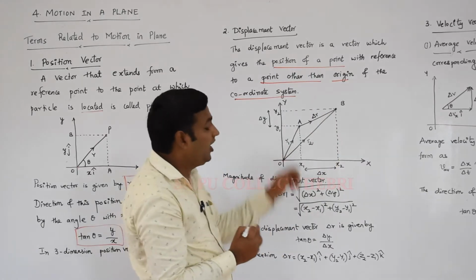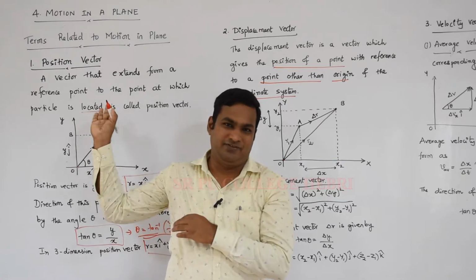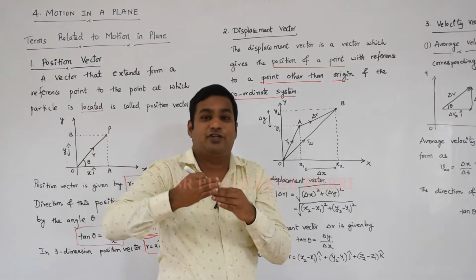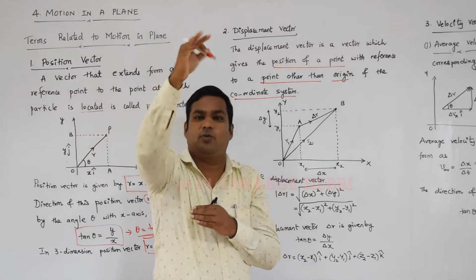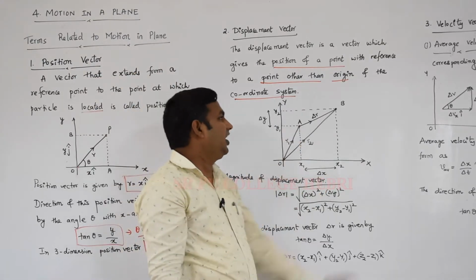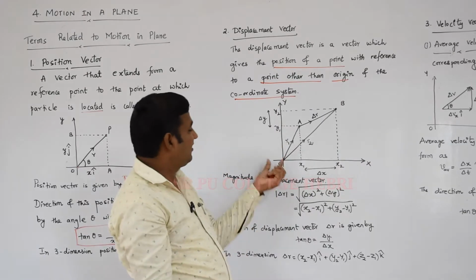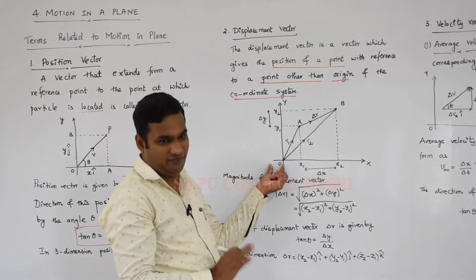Here R1 and R2 are the 2 position vectors. I already provided the definition of position vector here, starting from a reference point located in between the x and y axis, or it may be 3 dimension.